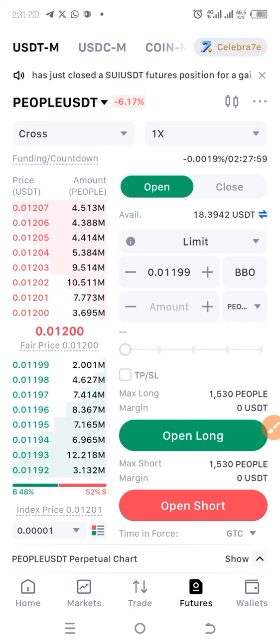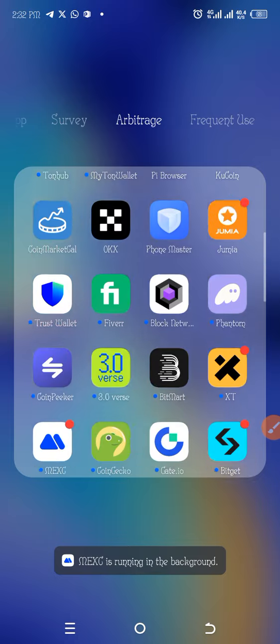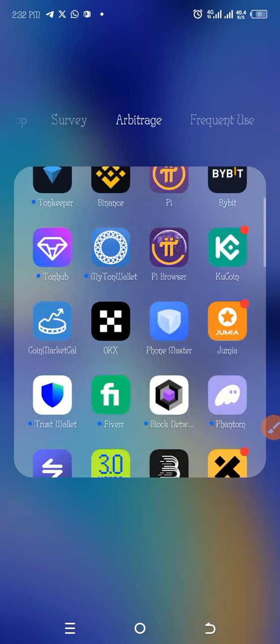All these exchanges, I already have funds in them. I have funds in almost like 6 to 7 exchanges like that. In case I find any opportunity there, I'll just go. In case I want to participate in arbitrage, I'll just go there. Let me even show you. These are the exchanges I use. Look at them here.